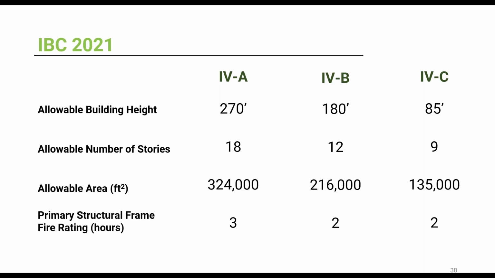For the primary structural frame fire rating, type A requires a 3-hour fire rating, and type B and C require a 2-hour fire rating. So we see that in the new codes, we need at least a 2-hour fire rating for all of our connections and our members.